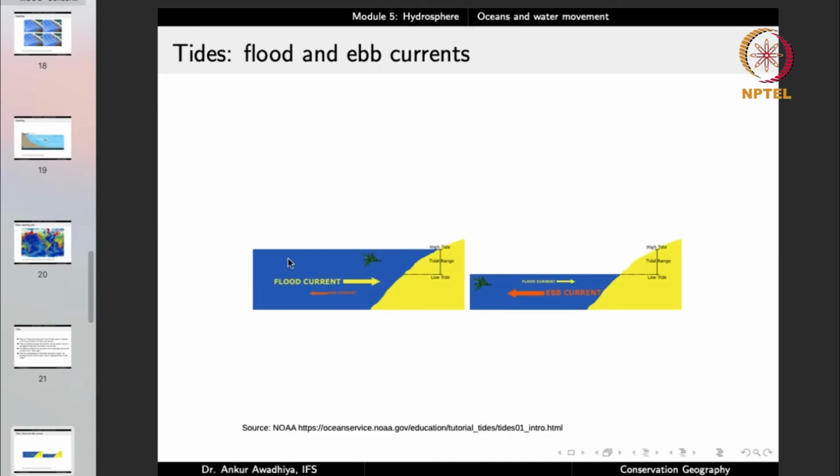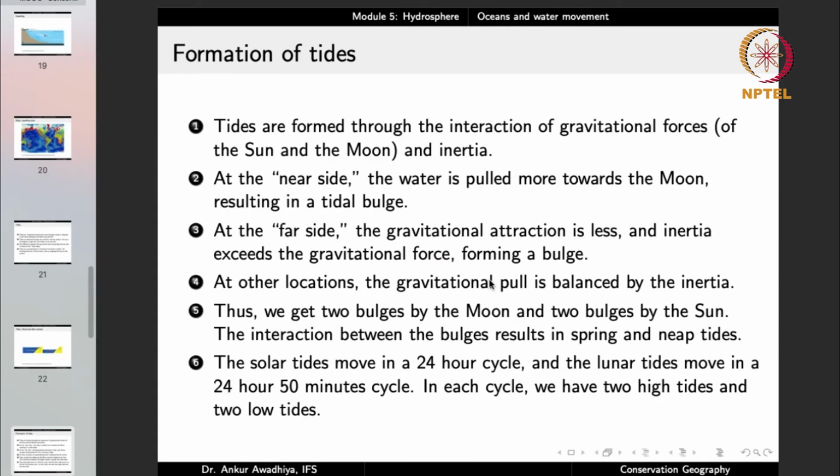During the high tide, the seaweed will move from this area towards the shore. On the other hand, when we have a low tide, the water levels are receding down, and in this case there is an ebb current which pushes the seaweed away from the shore. So these are the flood and the ebb currents.